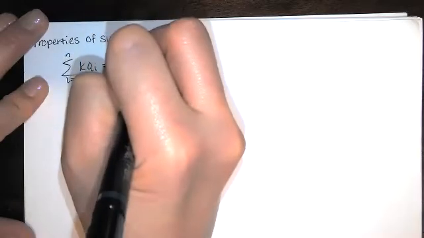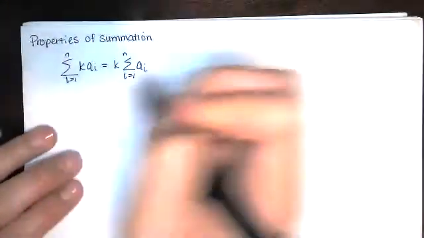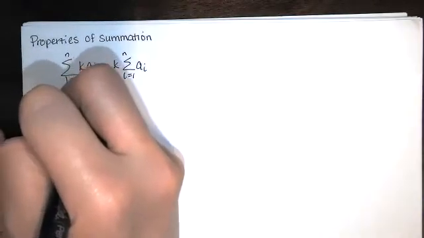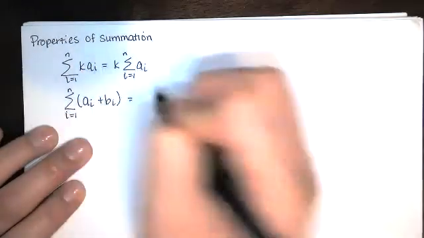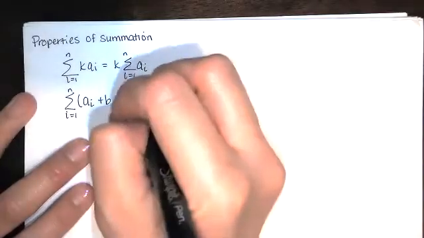Okay, so keep those properties in mind. So if k is a constant, you can factor it out. For adding those over here, it's almost like we're distributing that sigma sign.